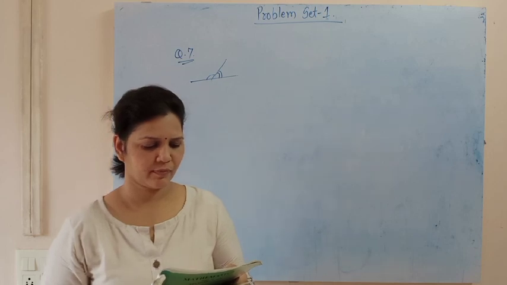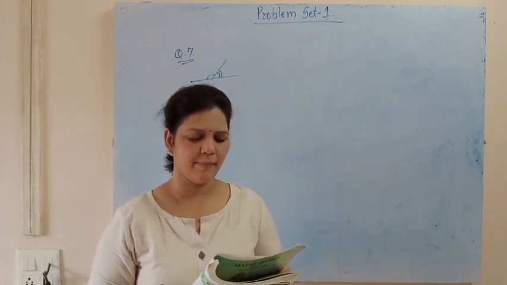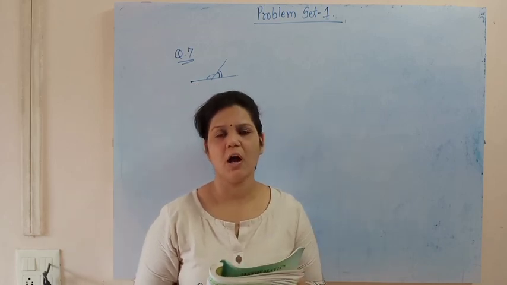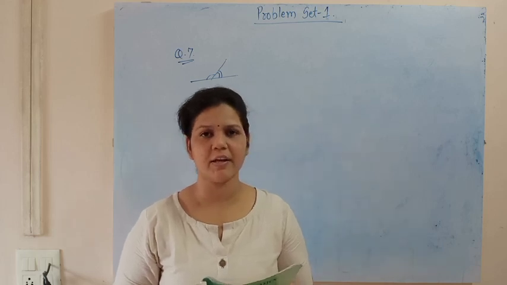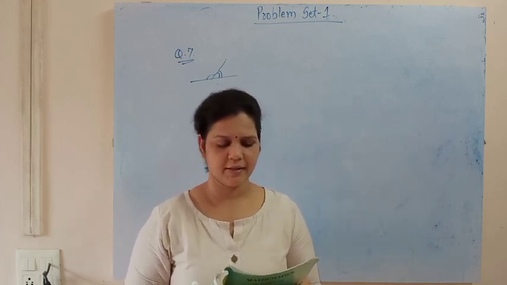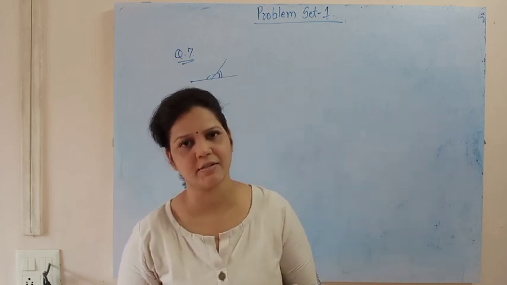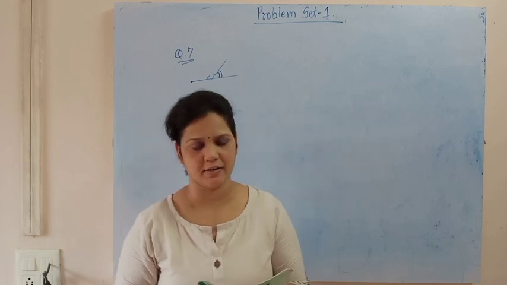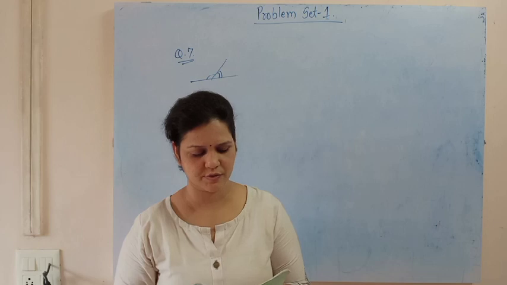Next, a triangle is a figure formed by 3 segments. So, how to write? If the given figure is a triangle, then it is formed by 3 segments.